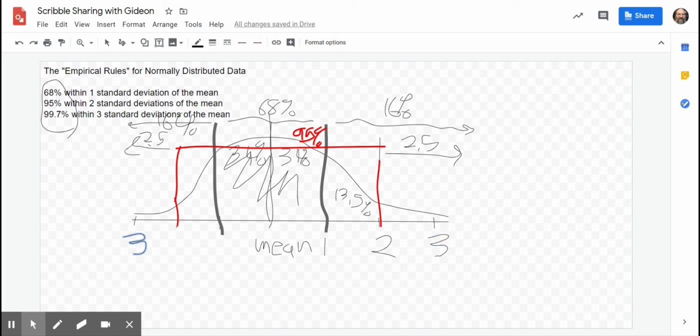So if you want to do the arithmetic there, you'll find that there's only a tiny little sliver of data, 0.15%, above 3 standard deviations above the mean. So if you've got anything that's 3 standard deviations away, whether up or down, it's very rare. I mean, in terms of odds or ratios, that's something like 1 in 700.